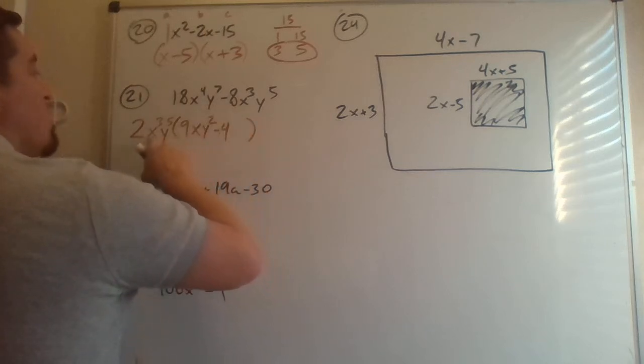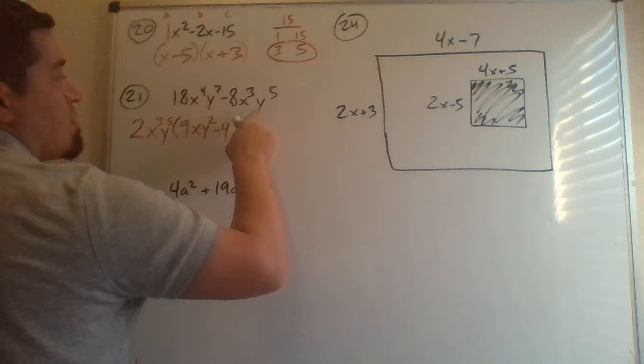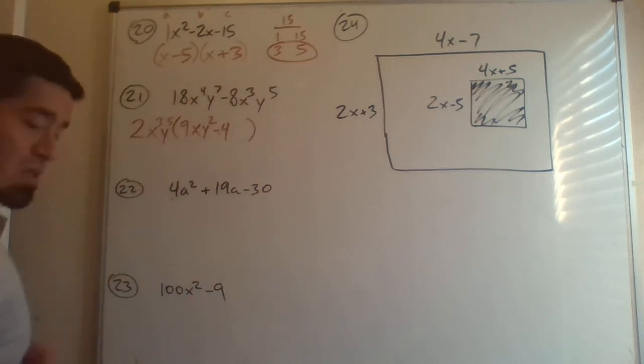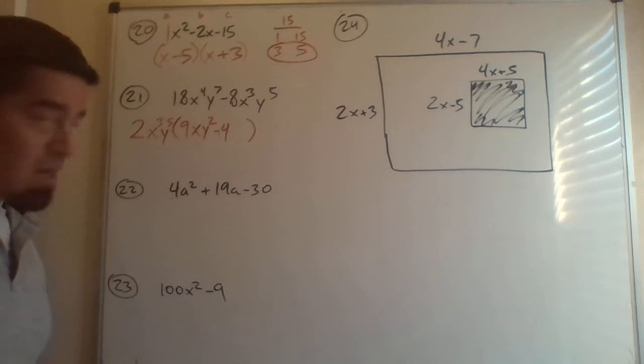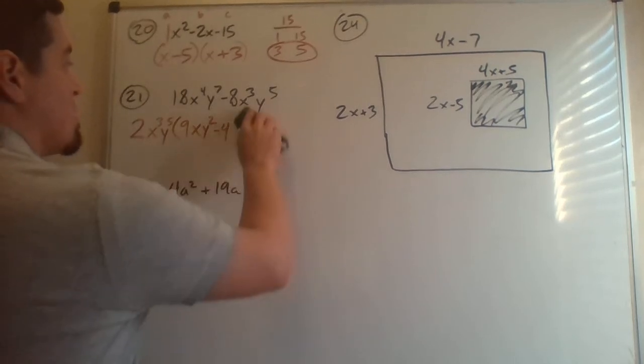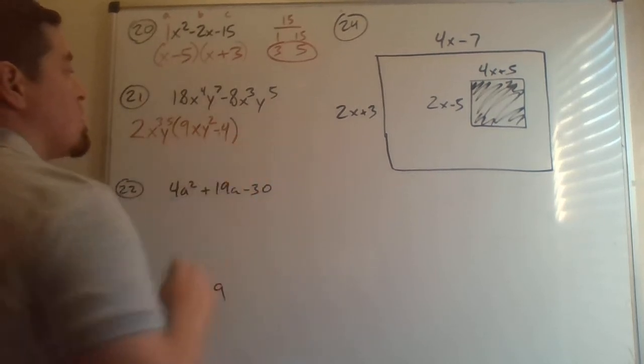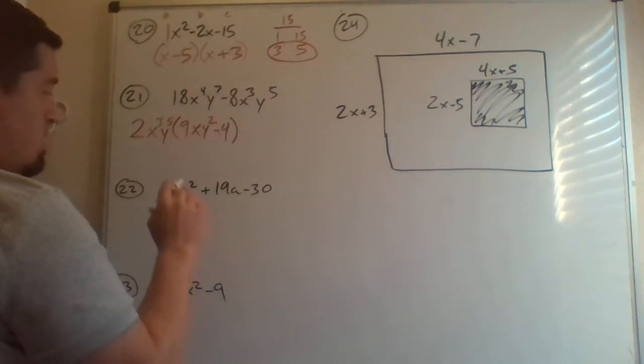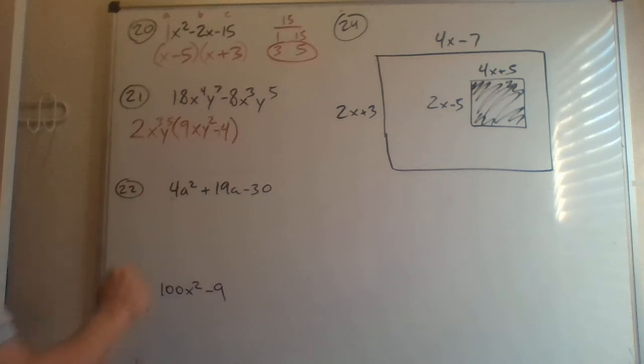And then x to the third divided by x to the third, that's 1, so I'm not going to write that. Y to the fifth divided by y to the fifth, that's 1. So I'm pretty much done. I might want to fix my parentheses here so it doesn't look like it's in the middle of nowhere. There we go.